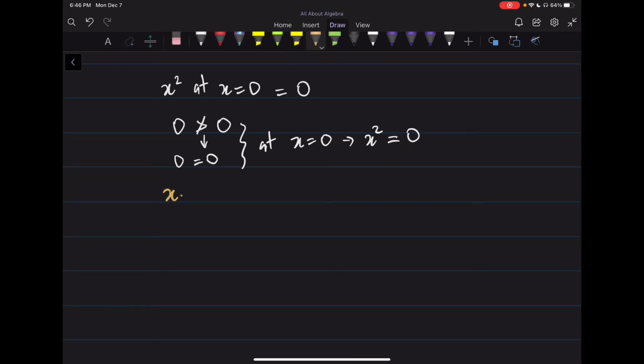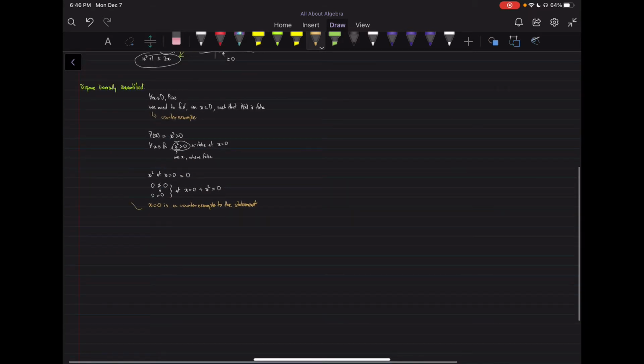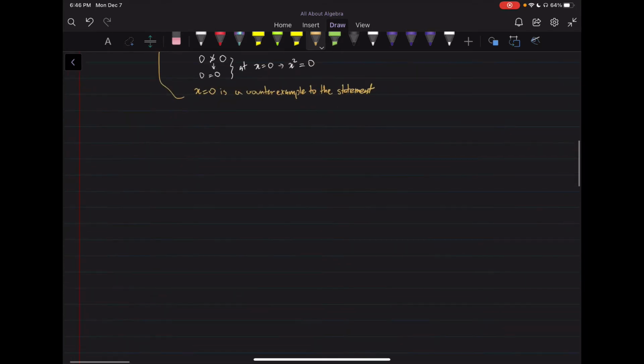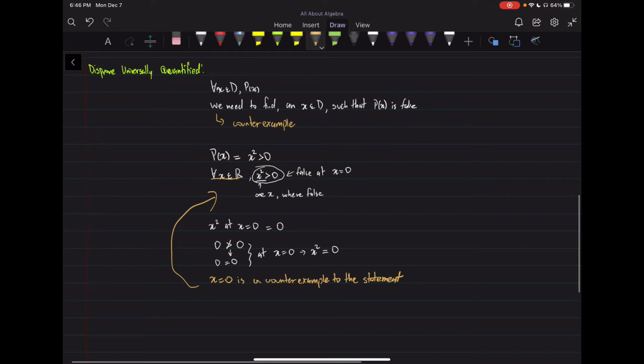This x equals 0 is a counterexample to this statement because we found an example where it's not true, and we know that for all real x, it's supposed to be true.